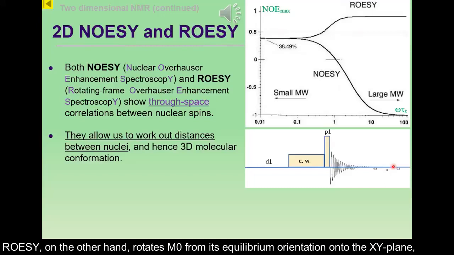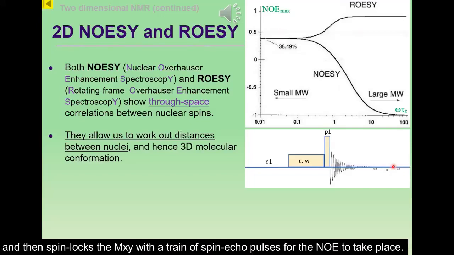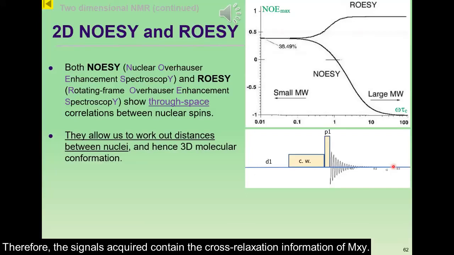ROESY, on the other hand, rotates M naught from its equilibrium orientation onto the XY plane and then spin locks the MXY with a train of spin echo pulses for the NOE to take place. Therefore, the signal acquired contains the cross-relaxation information of MXY.